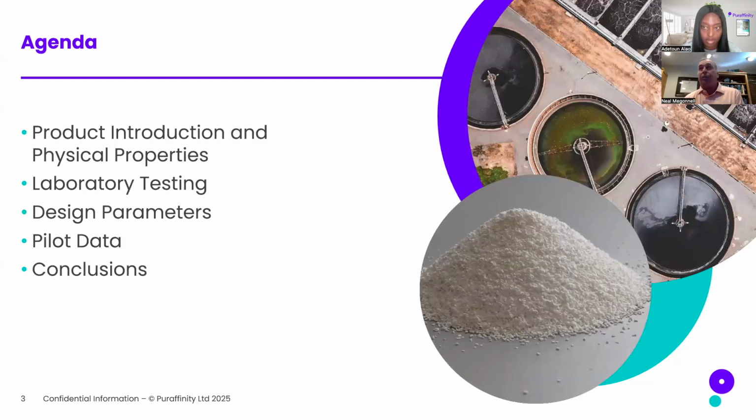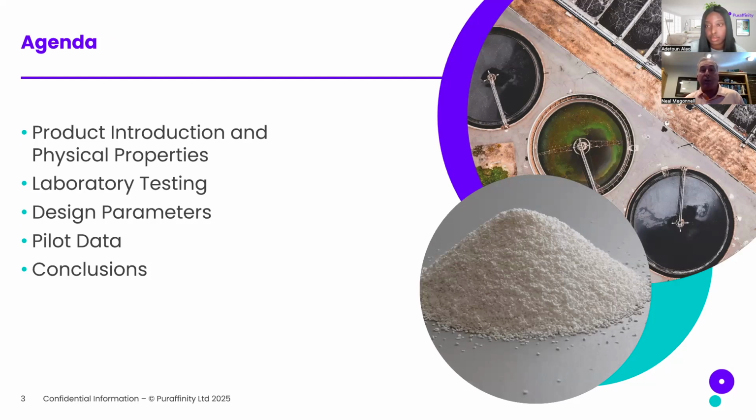So we'll get right into what we're going to talk about today. And at the end, questions and answers, feel free to ask as much as you want. I'm more than happy to answer. So we'll talk about the product itself, some of the physical properties of it, some laboratory testing. Obviously, this product is relatively new to the market, so it's different than some of the other materials that are out there.